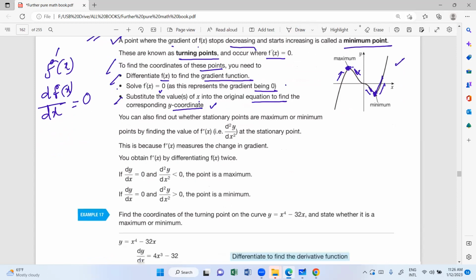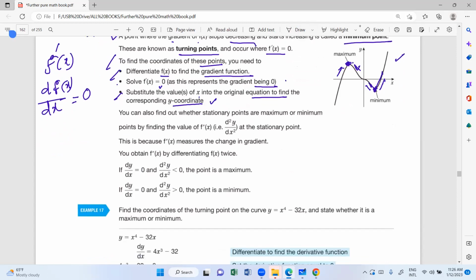You can also find out whether the stationary points are maximum or minimum. If a question asks whether this stationary point is maximum or minimum, what will you do? Find the value of f double prime x.